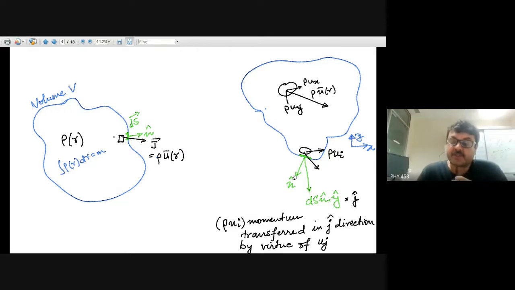Now you can also ask the question, how much momentum is being transferred along the y direction, call y to be j, right? So then you have to take a dot product of the area with n in the y direction. So that will be essentially dS, n hat dot j.